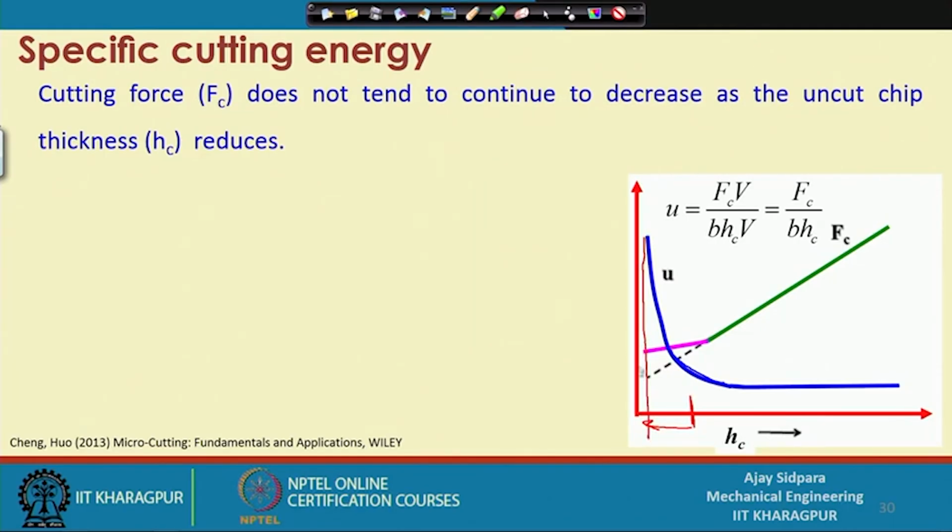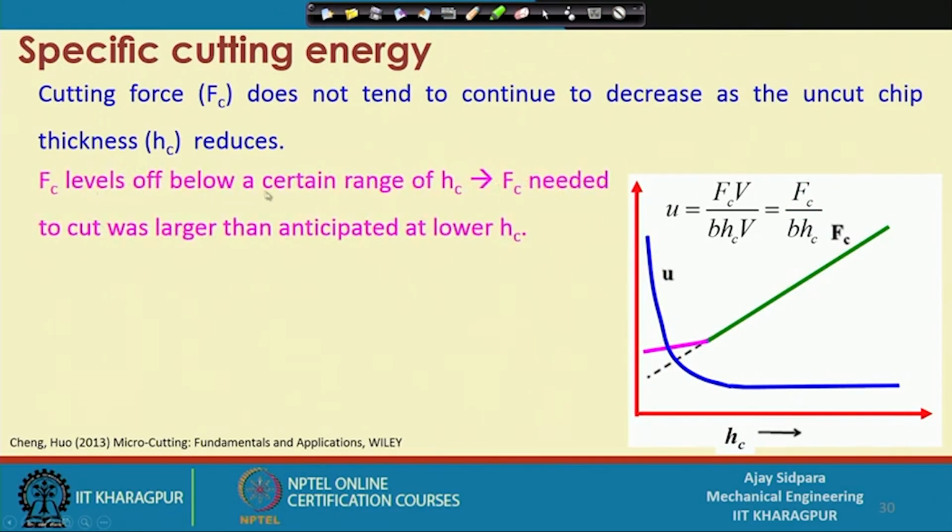So, now we can think about the specific cutting energy of grinding, because when you do a grinding operation, your chip thickness is very small compared to your turning and milling operations. So, this increase of the specific cutting energy is directly connected with the uncut chip thickness reduction with respect to the cutting force, and that is what is happening here.